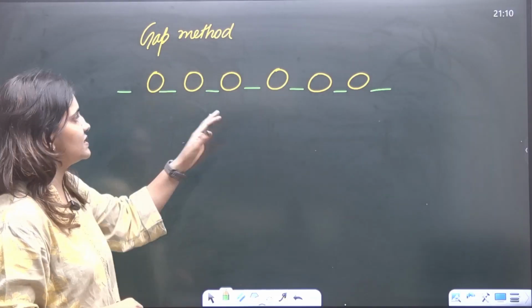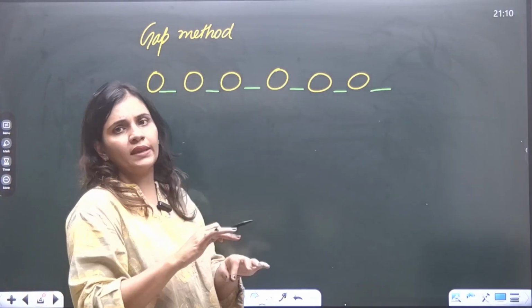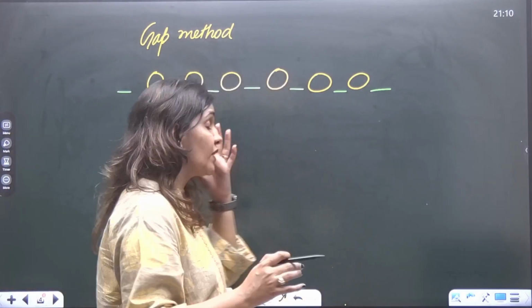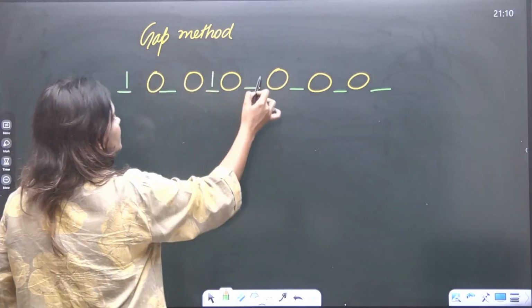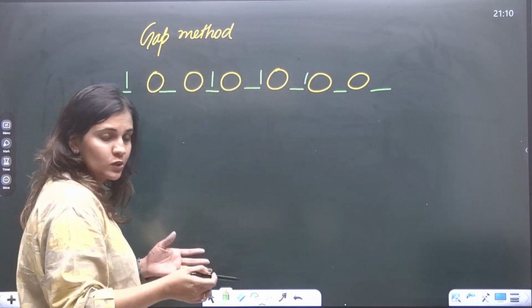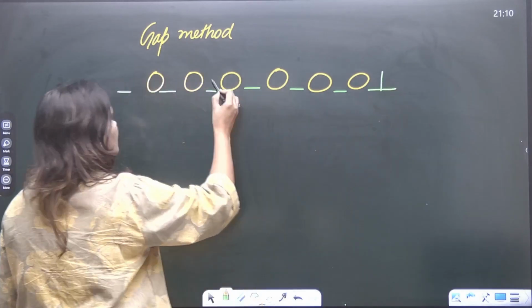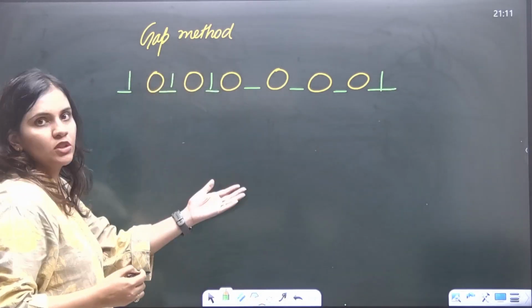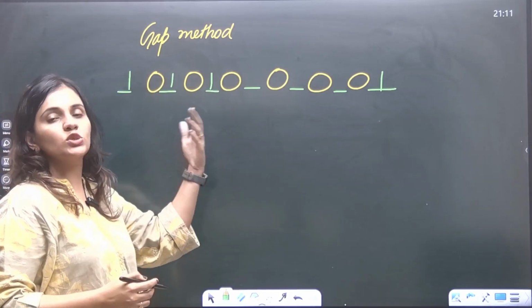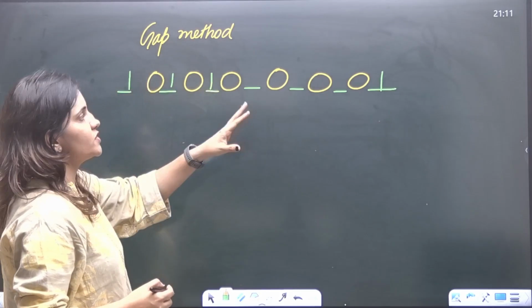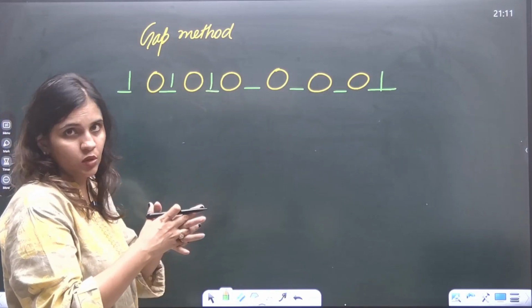In these 7 gaps, I can place a 1 at any place. If I place 1s here, here, here, here, it will represent a sequence in which no 2 1s are consecutive. Even so, this is a binary sequence which represents a type of selection in which no 2 1s are consecutive.